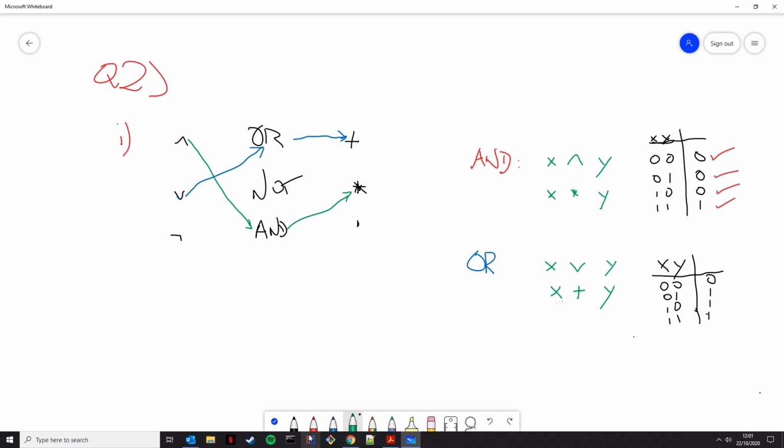And now finally we move on to our not operator. This is denoted by a line dash and then another dash down, which usually precedes a value. There's one for not, which is the same as the complement. Now we will use this color.